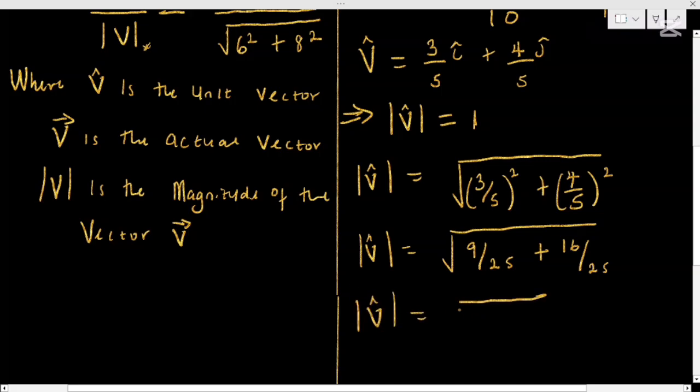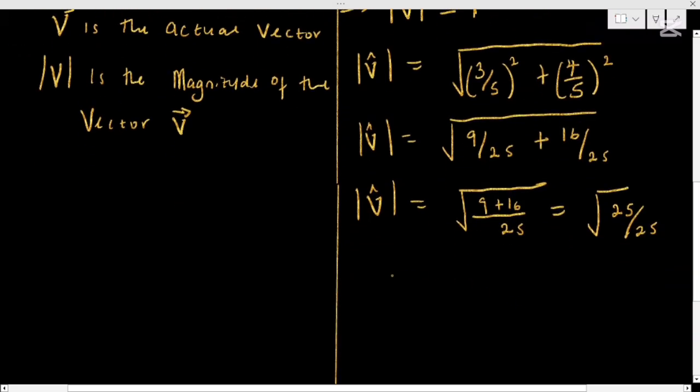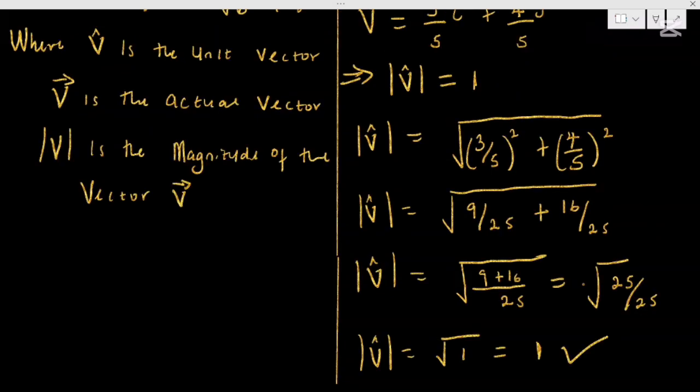So we have 9 plus 16 over 25, and we can see that 9 plus 16 will give us what? 25 over 25, and that is the square root of 1. So the square root of 1 is still 1. So we can now confirm that the magnitude of the unit vector of that vector is what? 1. Confirmed. So let's see another example.